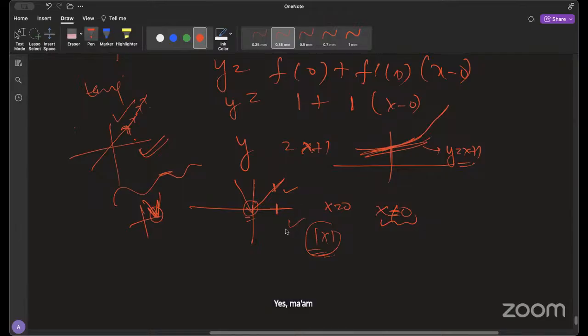Yes, ma'am. For mod x, if we have to find the tangent where you have pointed in the figure, I think the positive side of the arm itself is the tangent. Are you saying that this is the tangent?